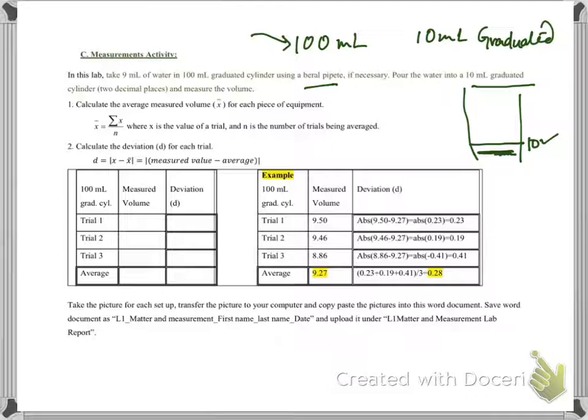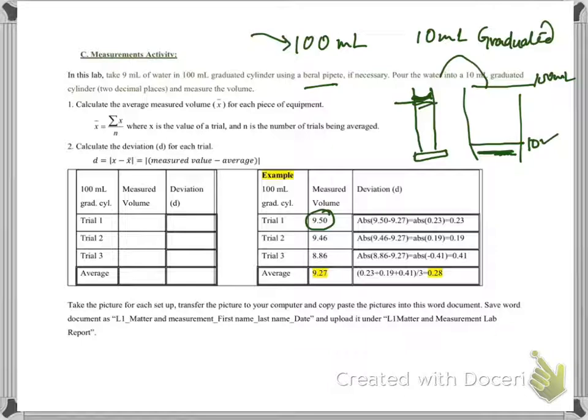So here was my 100 ml graduated cylinder. I have 9 ml of water here. I transferred it to my 10 ml graduated cylinder. Let's say it's up to here. When the level of the water has a meniscus, you read the lower meniscus, and when you're reading the level, you have to have 2 decimal places.